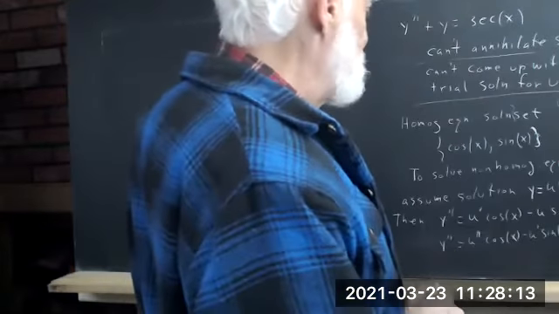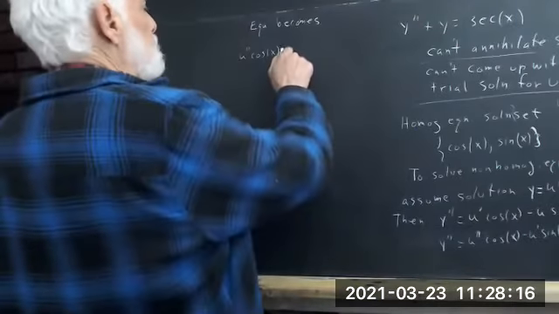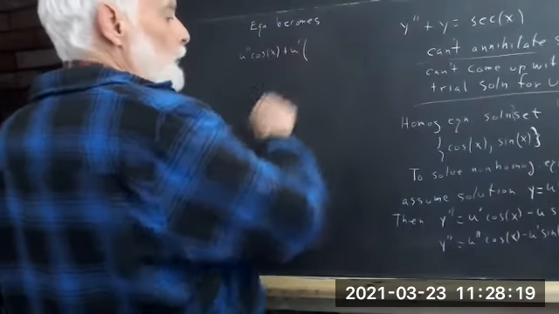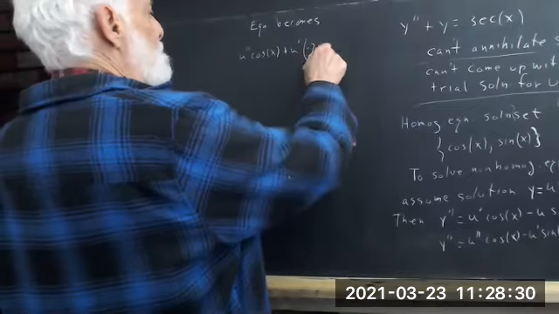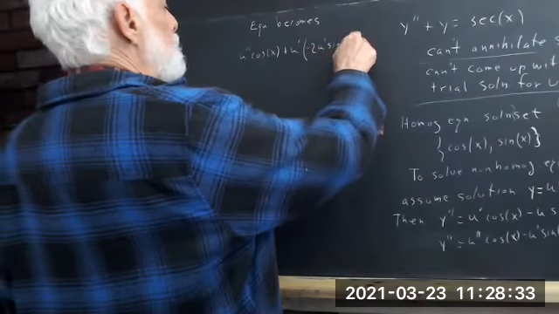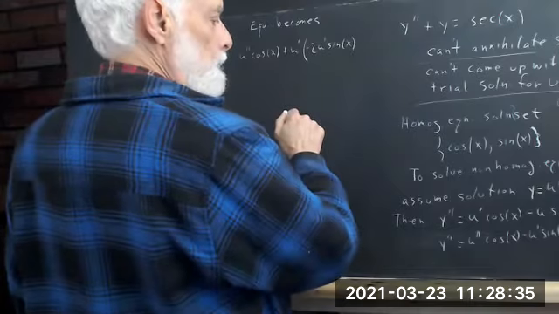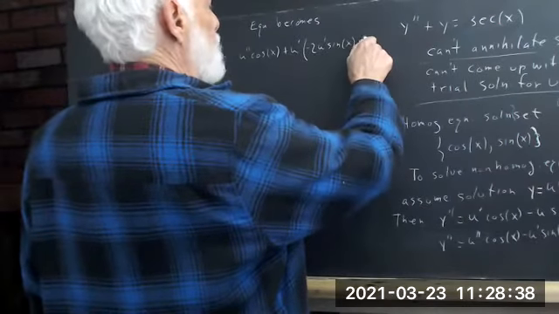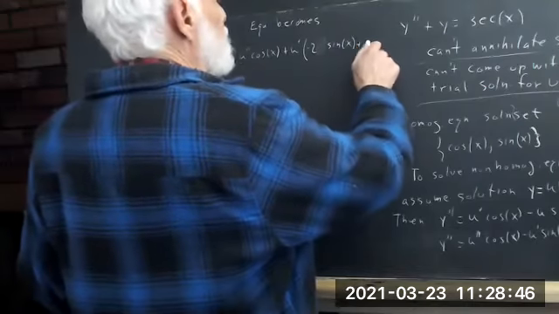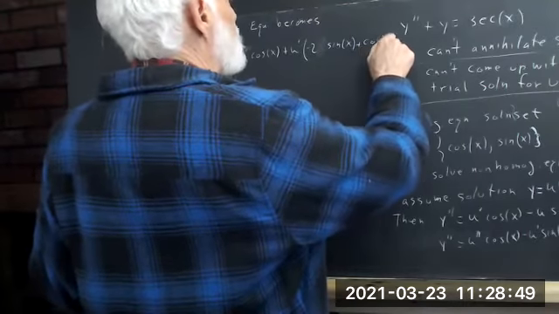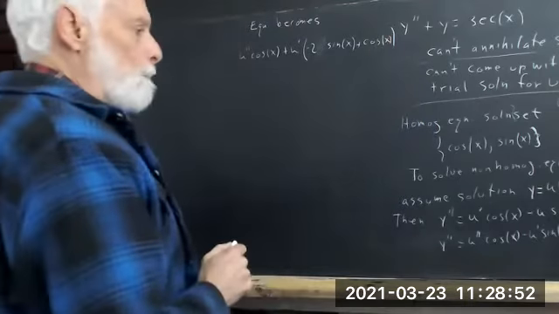And then you're going to have plus u prime times, now you got a bunch of u primes here, a -2 sine of x and a cosine of x. Be careful, it's not -2 u prime because we've already got the u prime out front.